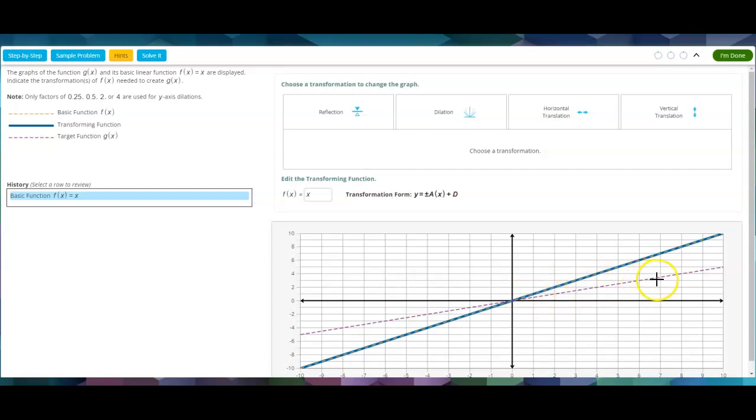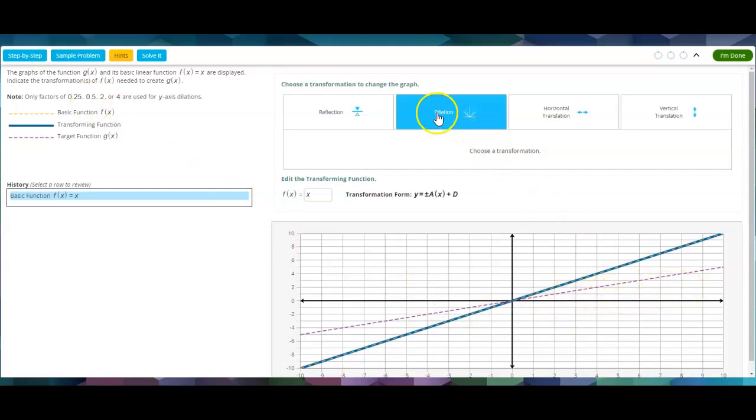And this dotted line is the new line. So it's got to be less than 1. Well, the only options I have are right here: 0.25, 0.5, 2 or 4. Well, 2 or 4 is not it because 2 or 4 would make it very steep. So it has to be 0.25 or 0.5. Well, we had 0.25 a while ago and it was, gosh, just nearly flat, wasn't it?